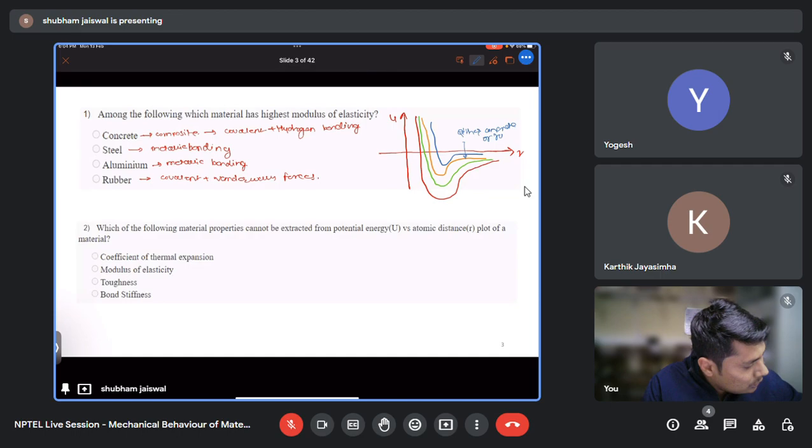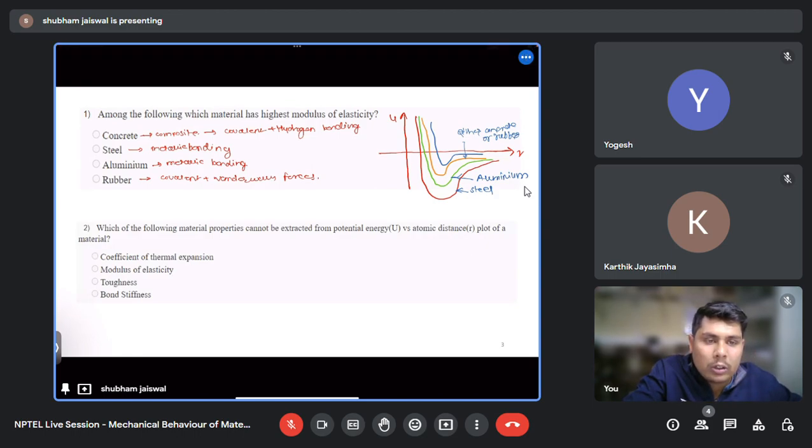And as steel and aluminum have metallic bonding, they should have higher negative potential energy. Among them, steel has the highest melting point, so this curve belongs to steel and this belongs to aluminium. We know the steeper the curve, the higher the modulus of elasticity. Among these 4 materials, steel has the steeper curve. So the correct answer is steel.